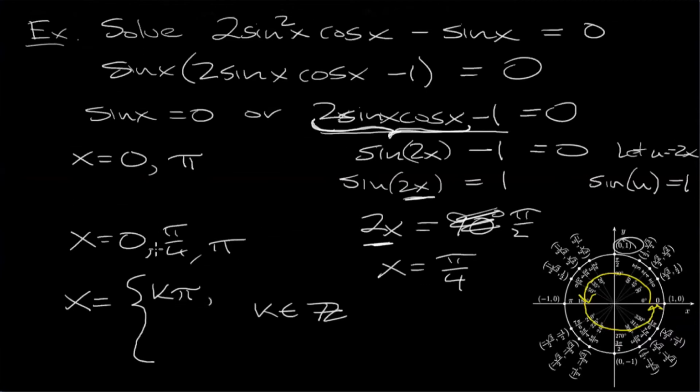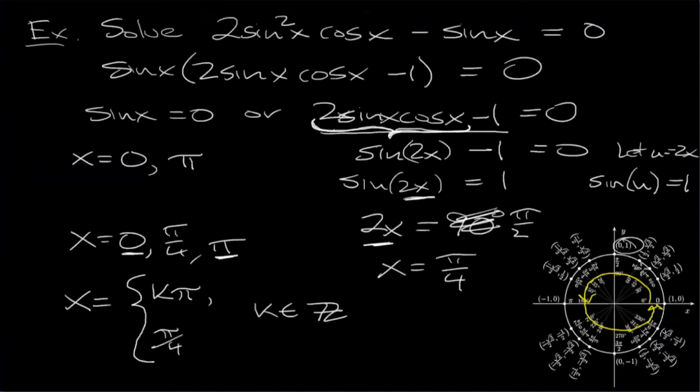So that would be one of the possibilities, rotating pi around each time. When I plug in k equals 0, I get 0. When I plug in k equals 1, I get pi. When I plug in k equals 2, I get 2 pi, so on and so forth. Pi over 4, but this time pi over 4 is all by itself.